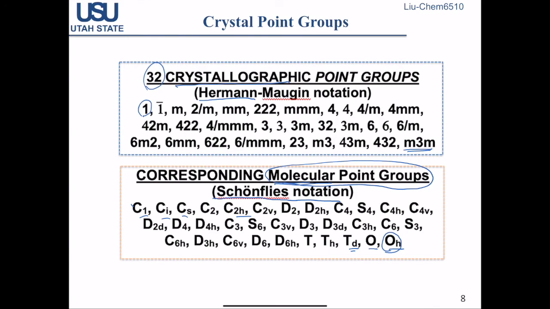One is an individual molecule, the other is the molecule in a three-dimensional crystal structure. I hope you get the point: what is the difference between them, and what is the same between them? All right. I'm going to show you examples of how to read these Hermann-Mauguin notations in the next slides. Sounds good.